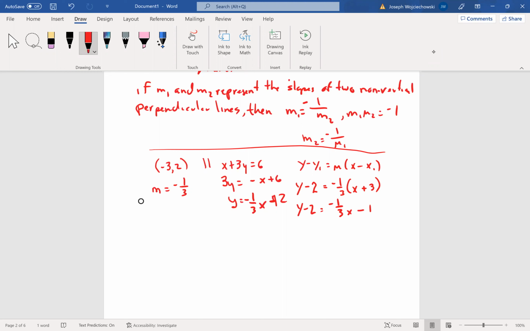I'm going to add 2 to both sides, and I get y equals -1/3 x plus 1. Now there's another thing to take into consideration when looking at parallel lines. The y-intercept has to be different, because if it's the same, then they're not parallel, they're the same line.